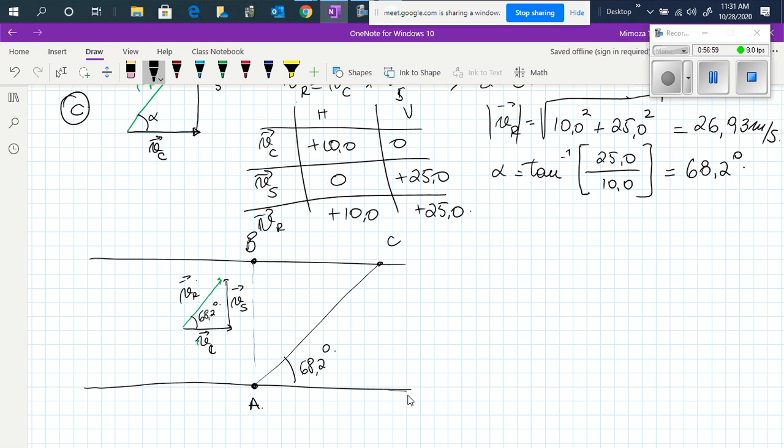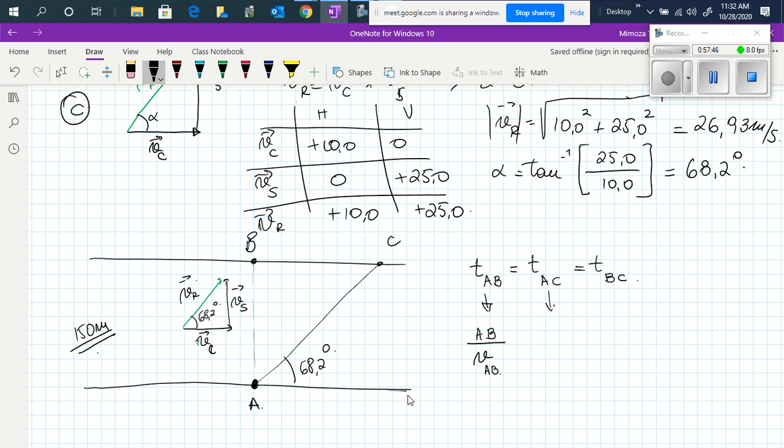So now, the time that you will need to go from A to B, this being 150 meters, is the same as the time that you need to go from A to C, and is the same as the time that you are moving from B to C. So if I'm asking you what is the time from A to B, then it will be the distance AB over the velocity in the direction AB.